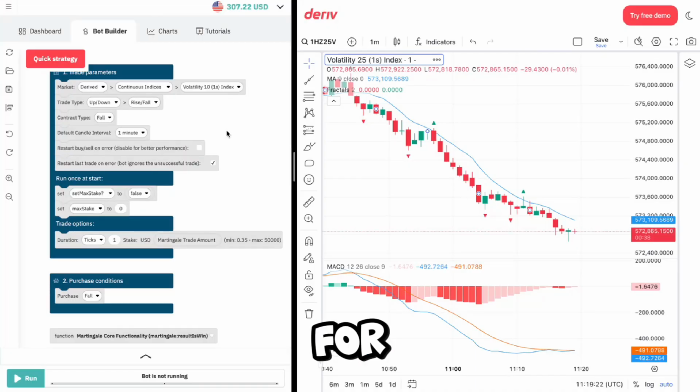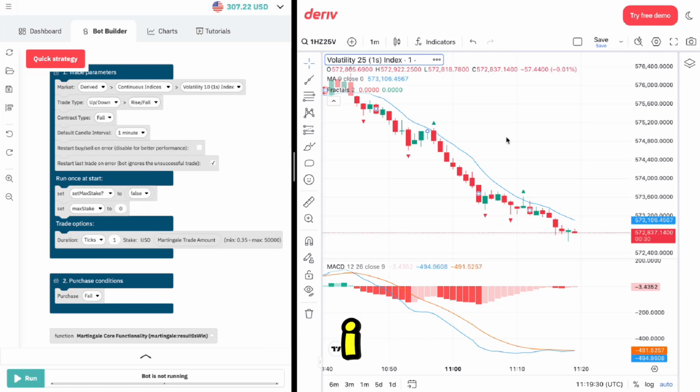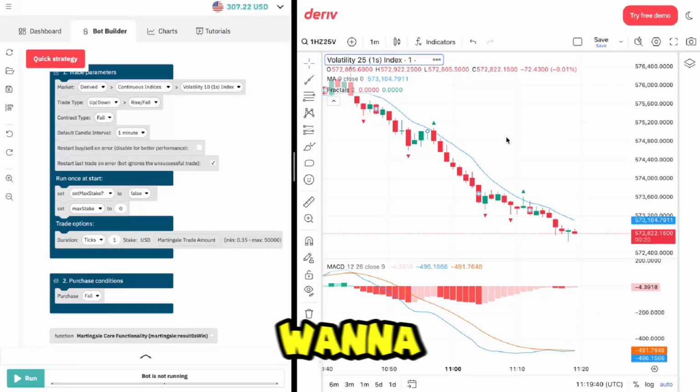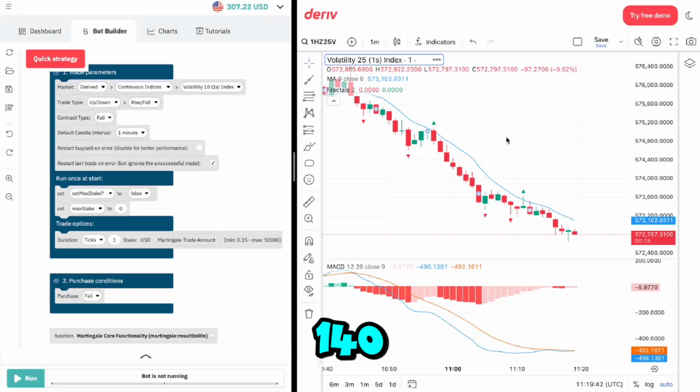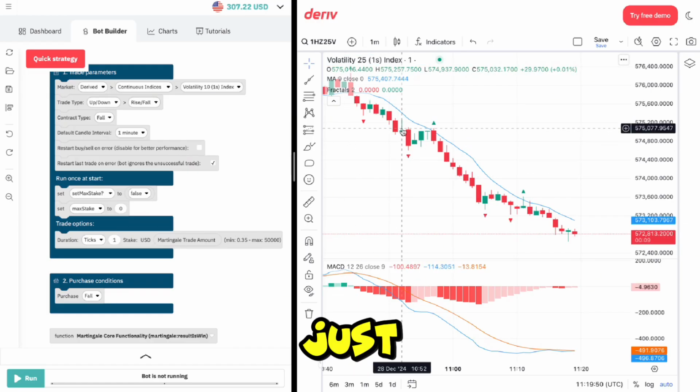So we have been here for around 30 minutes. We've already made around $200. But the correct method would have been I have 140. I aim for double my account, 280. Right now I would be done. But I want to aim for an extra 140. So it's like we are starting now. So we have 307. Let's look for the last 140. Just slowly.